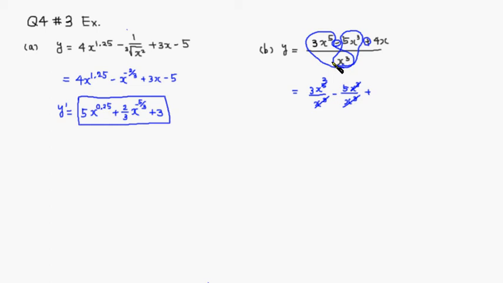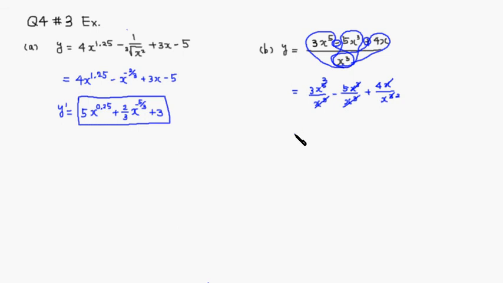Then the last quotient is 4x over x cubed. So 1 x cancels out, and this turns into a square on the bottom.